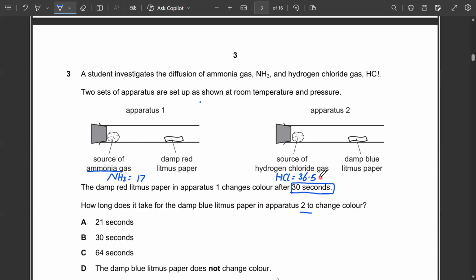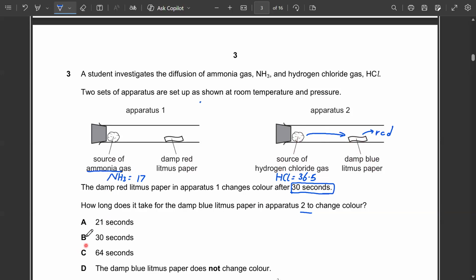Definitely, if the mass is higher, the hydrogen chloride gas will take much longer to reach the blue litmus paper and convert the blue into red. So the time it will take will be longer, since the mass of HCl is higher than the mass of ammonia.